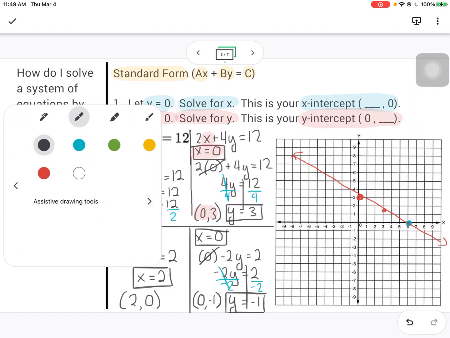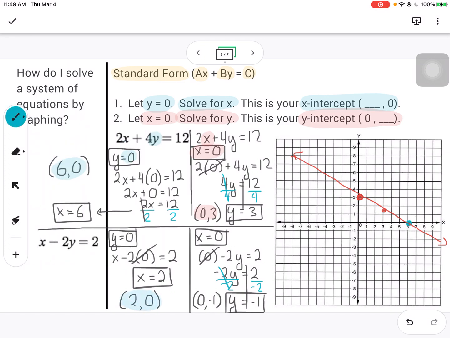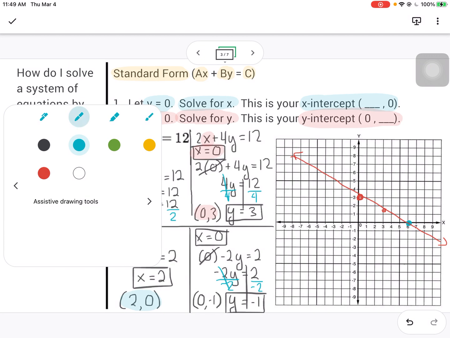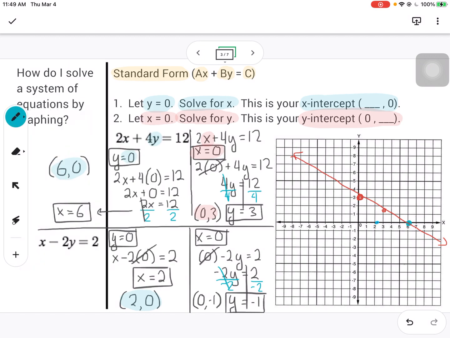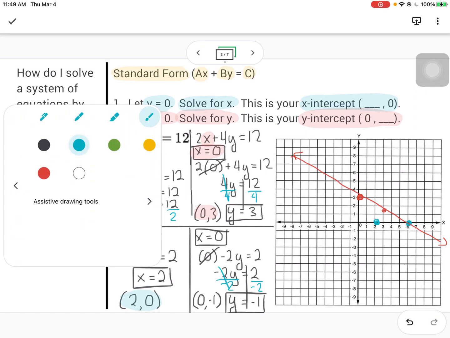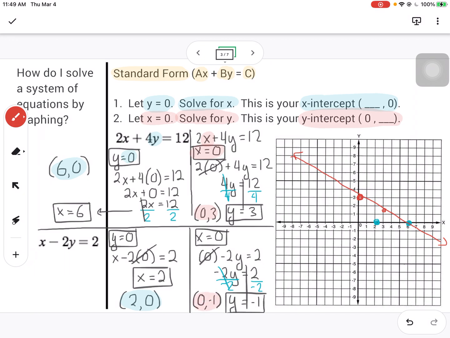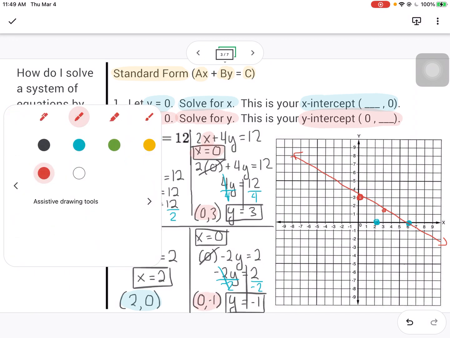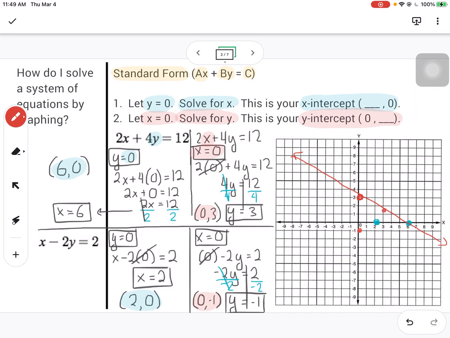So let's put this on our graph. We have 2, 0. And we have 0, negative 1. So let's see here.